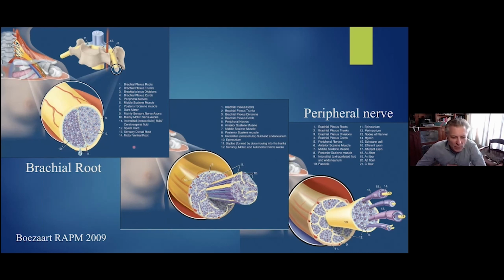Then there is a transition to the peripheral nerve that we know, with axons in a fascicle surrounded with perineurium, and all the fascicles are in some kind of stromal tissue surrounded by epineurium. That's the nerve that we know.